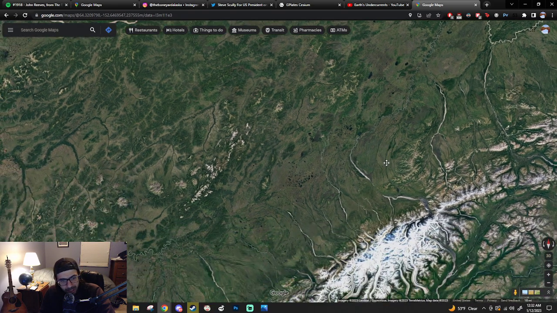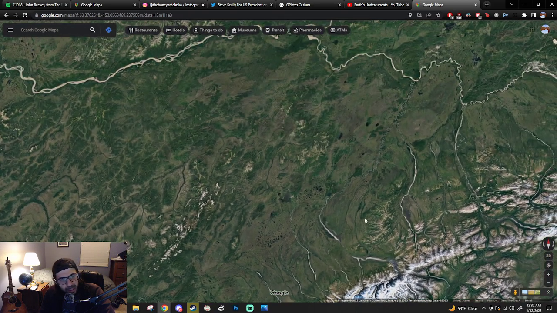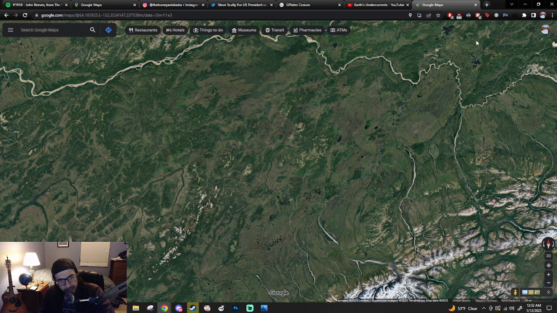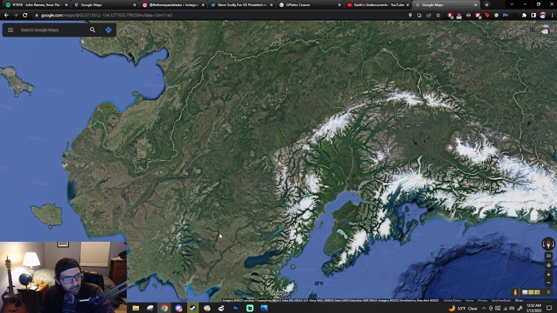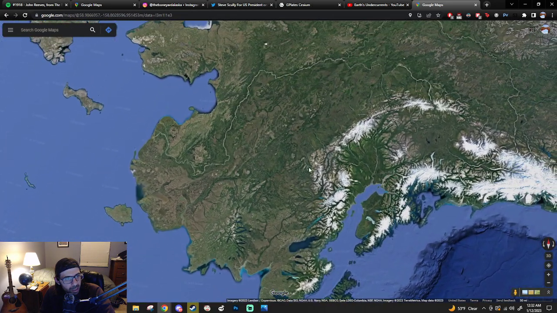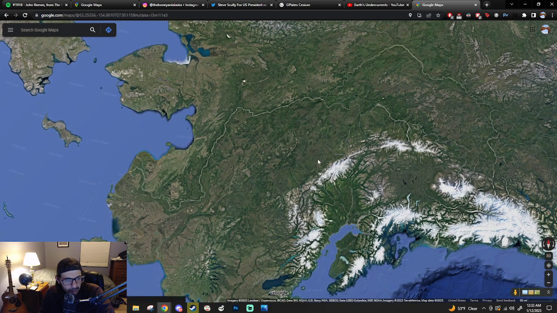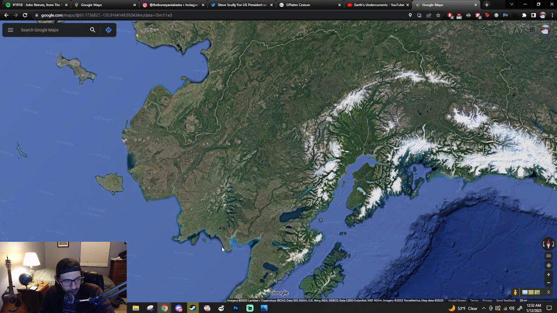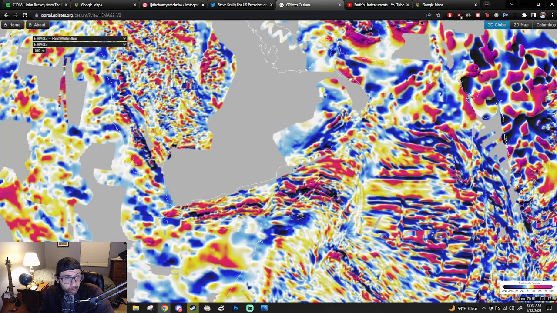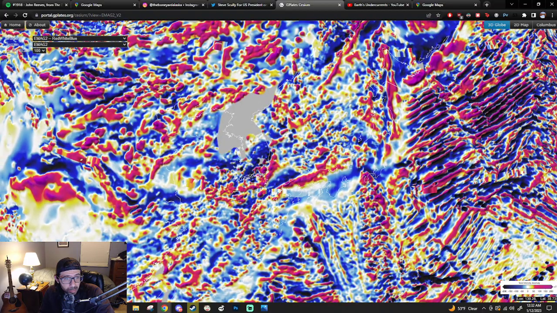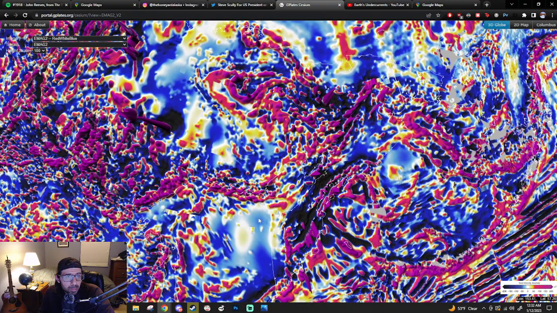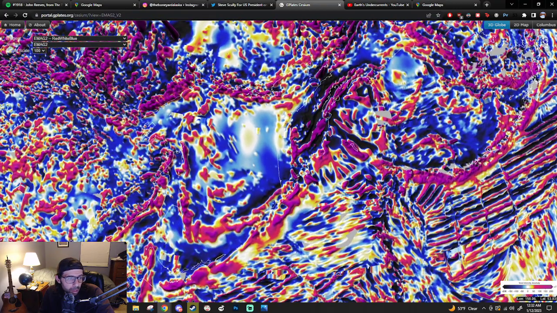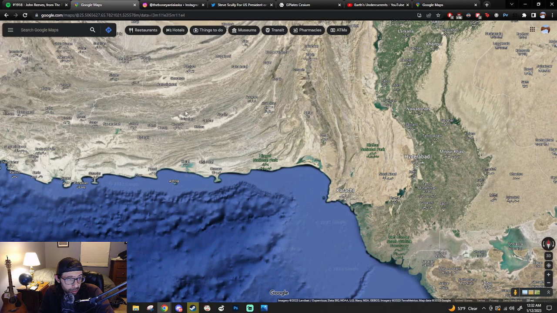This looks kind of like something happened that way. Oh, there's that arcing happening right there. There, that I was just talking about over here. All the way down the coastline, creating these island arcs.